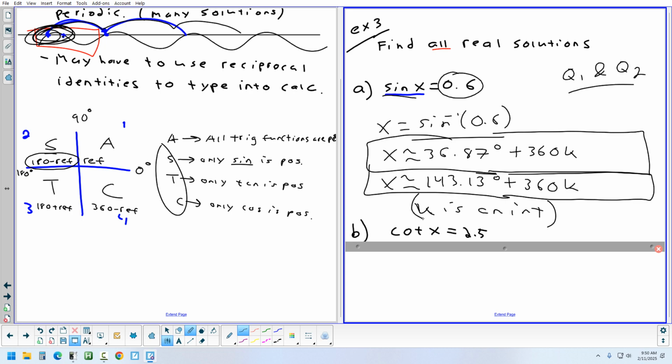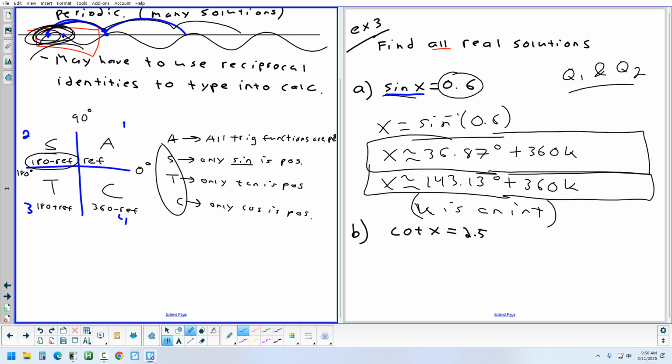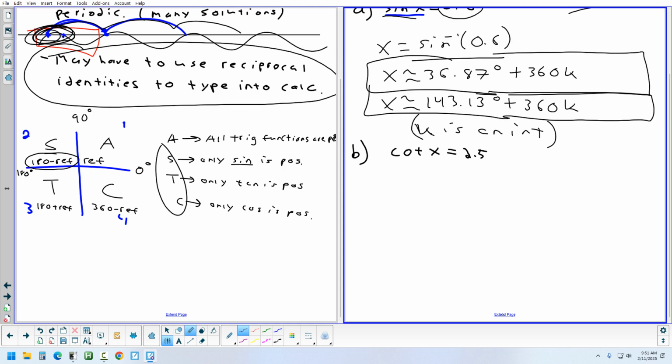All right. Now, this last one gets at this point right here. We don't have buttons for working with inverse cotangent on the calculator. So we can't think of this as cotangent. But what function is related to cotangent? Yep. Tangent.